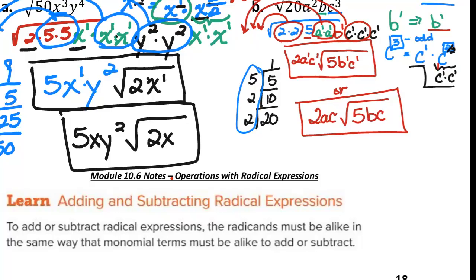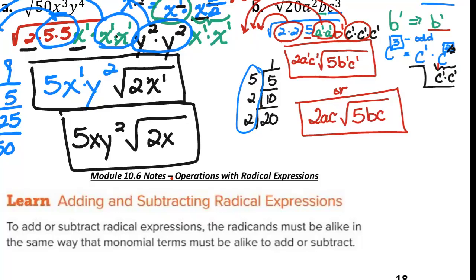Circle your pairs because you're trying to find the square root. So here's a pair of 2's, here's a pair of x to the 3rds, here is a pair of y squares. All of those come outside and out in front. So I have 2x to the 3rd y squared times the square root of everything that did not have a matching pair.